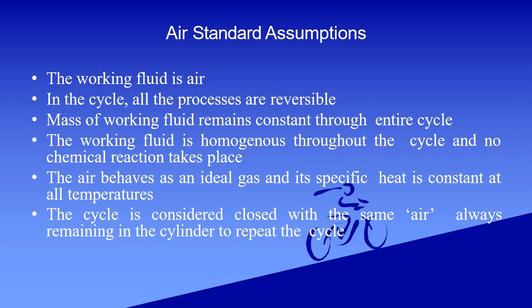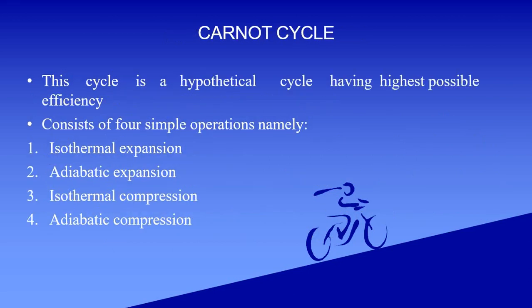We assume all those. Okay, and then the cycle is considered closed, since the same air always remains inside the engine cylinder to repeat the cycle. Once m kg of air enters the engine cylinder, the same air remains as long as these processes continue. Okay, and now we can go for the Carnot cycle.